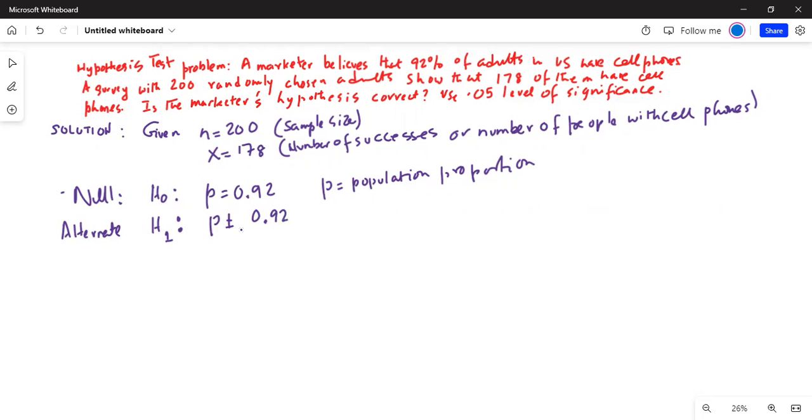Okay, so I will do the long way as well as the short way. So using formula, test statistic.